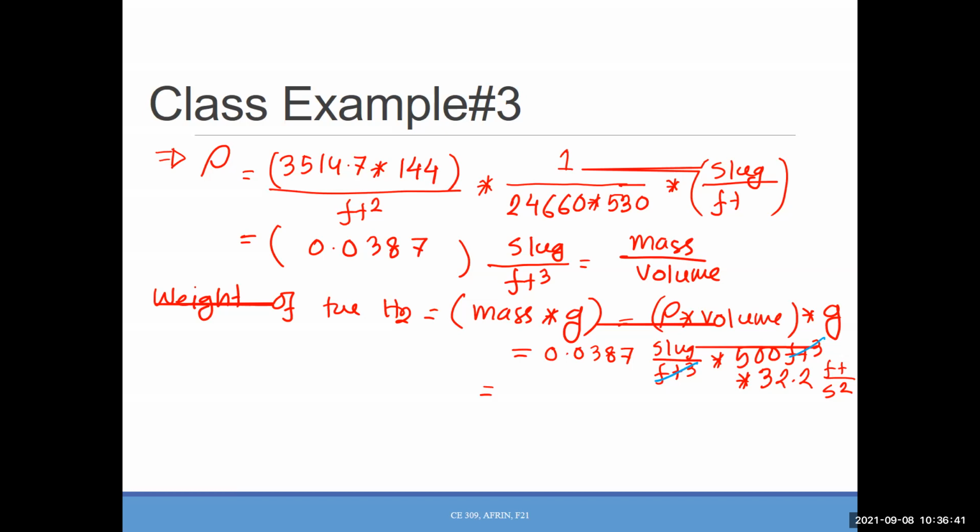Anyone got a number for this one? Yes, before adding the tank weight, what number you got? 623 pounds. Anyone else got similar to that? 623. Okay, those who are getting some sort of number close to 623, raise your hand.